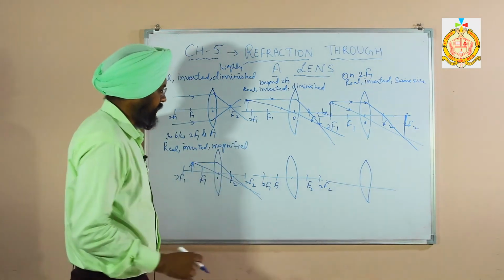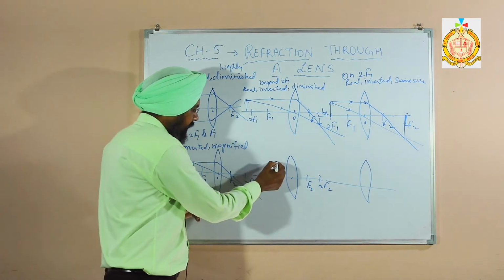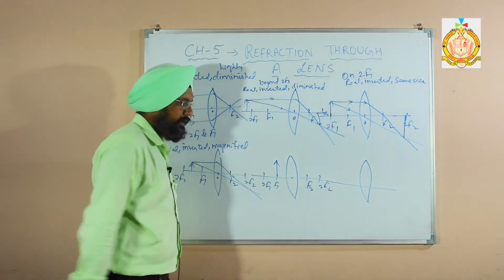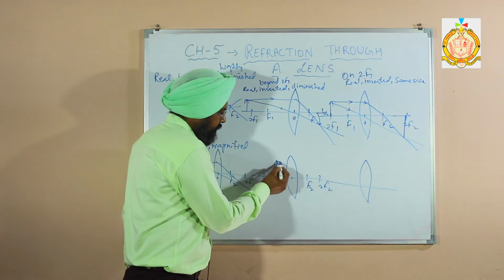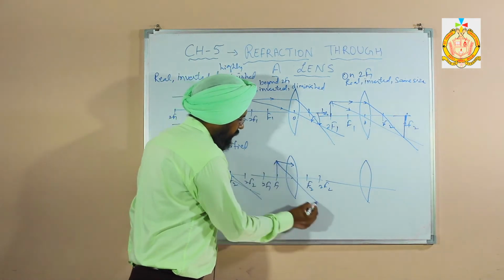Magnified means enlarged. The next one is when the object is at f1. One ray is parallel, the second goes through the optical center.